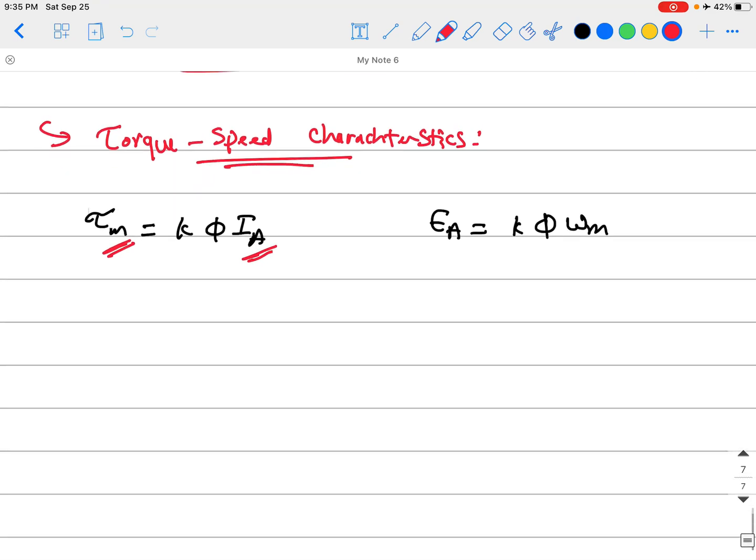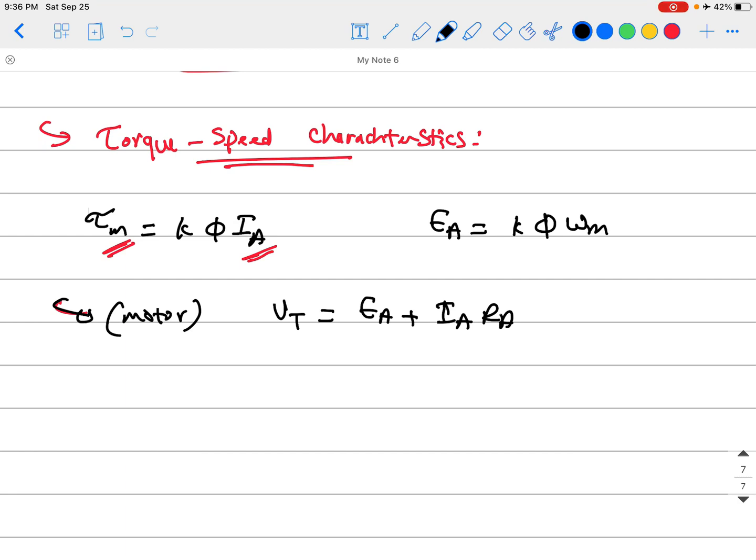Okay, so if you go back to the same equation, we said for a motor mode, the terminal voltage equals EA plus IA RA, from the equivalent circuit.